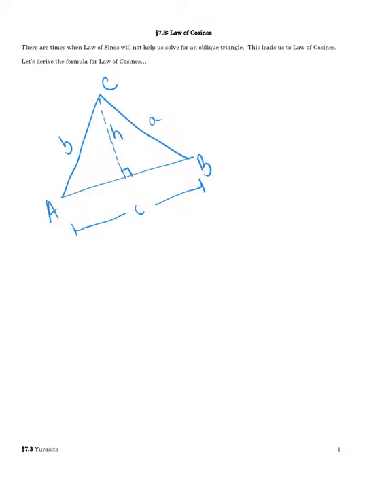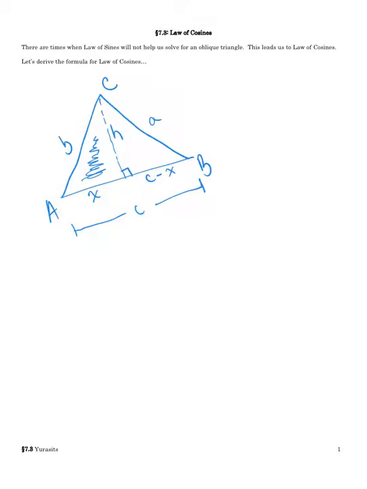And what I'm going to do is label this piece X, just any random variable. And if this whole length is C and this portion is X, then this piece has to be the whole minus the portion. And so what we're going to do is focus on this shaded right triangle.